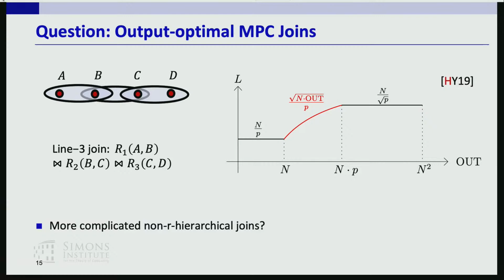When the output size is sufficiently large, the worst case optimal algorithm takes over. And when the output size falls in between, our output optimal algorithm is optimal. So the question is, what's the output optimal algorithm for more complicated non-R-hierarchical joins?